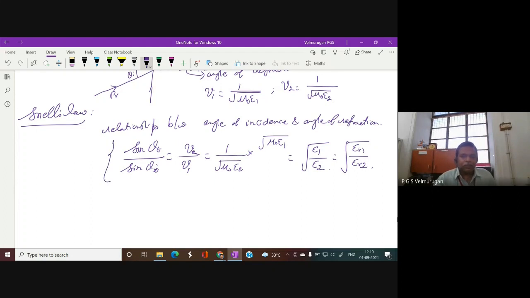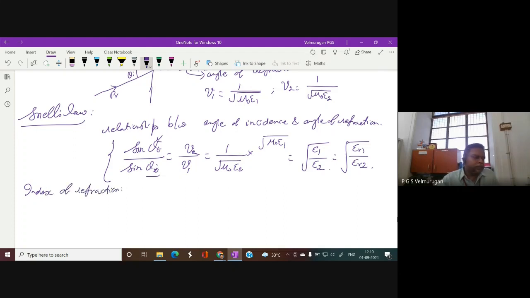Snell's law tells you the relationship between your incident wave and the refracted wave. So if you are given the epsilon values, then you can easily determine theta I and theta t. The next important definition is the index of refraction.